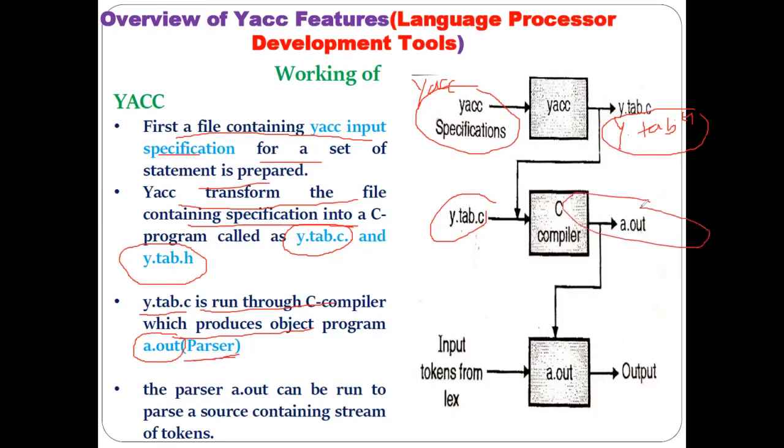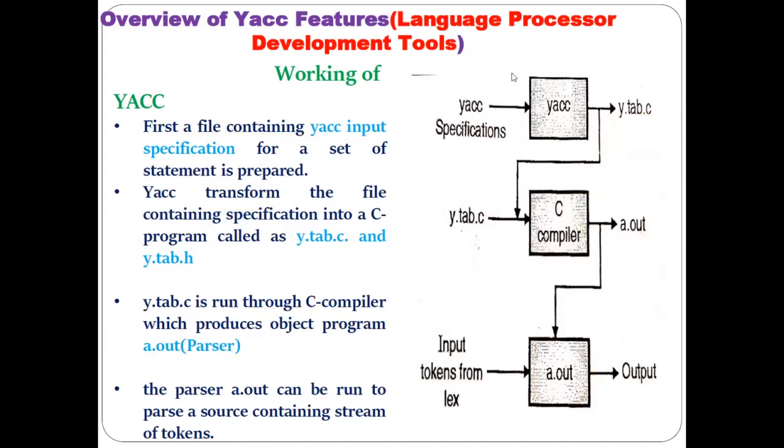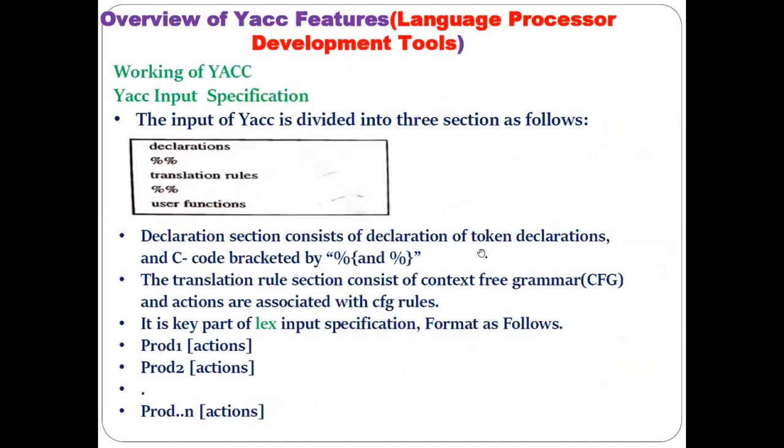The parser a.out can be run on a stream of tokens. While running this parser, you provide some input, and the parser will check whether your input has valid syntax or not. So this is the whole working style of generating a syntax analyzer or parser.